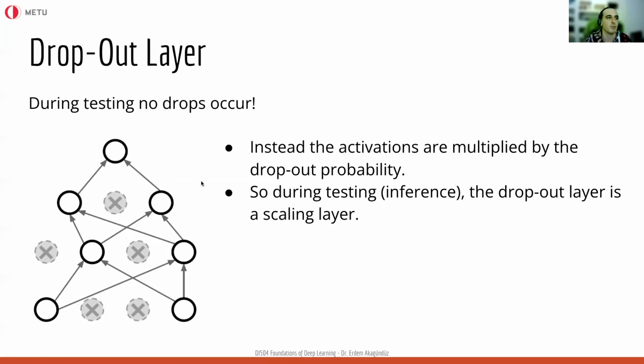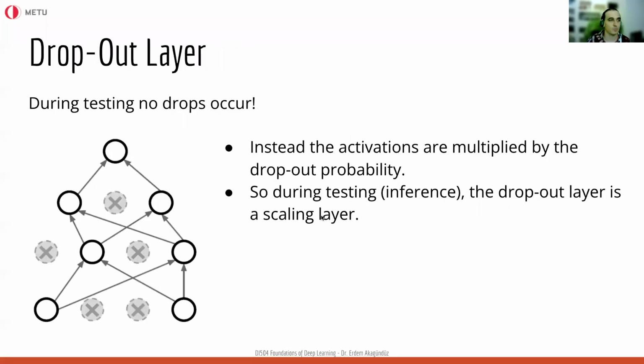If the probability of the dropout in training was 0.5, which means you dropped half of the connections at random, you multiply the activations in testing by 0.5. If the dropout was 0.75, you've dropped 3 out of 4 connections, then you multiply by 0.75. So during testing inference, the dropout layer is just like a scaling layer for the activations.